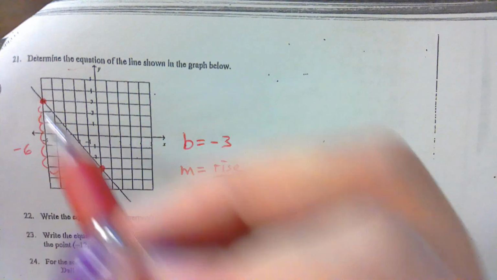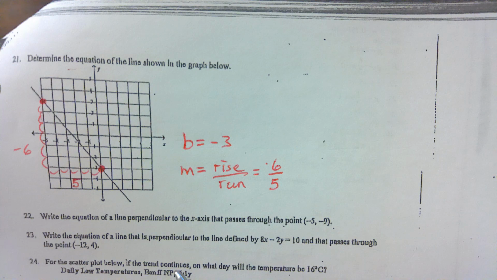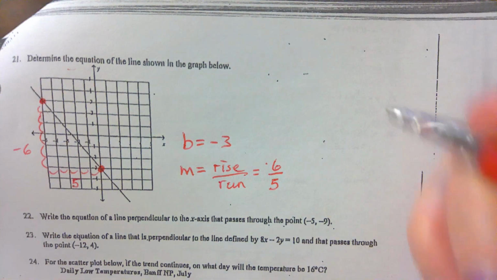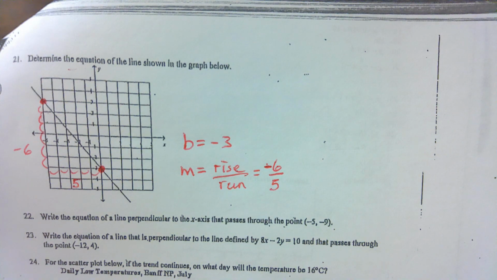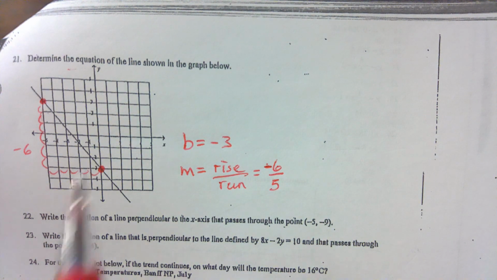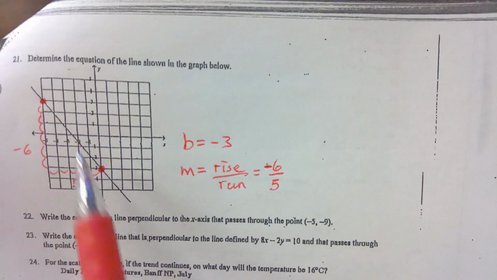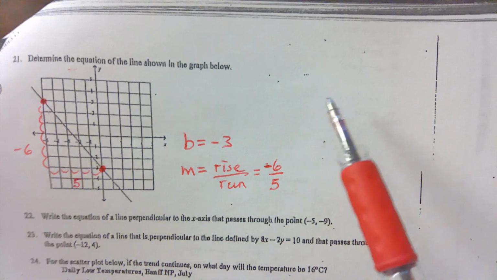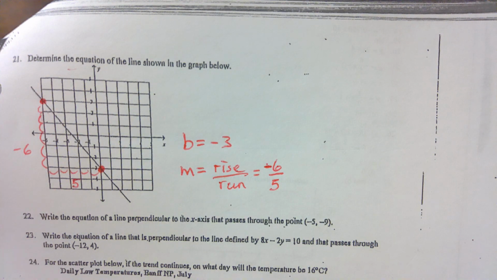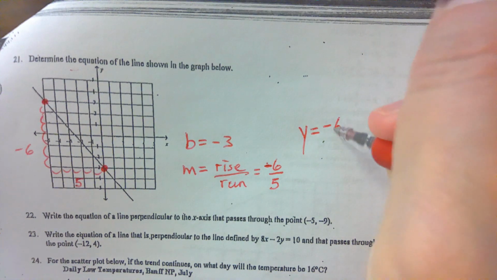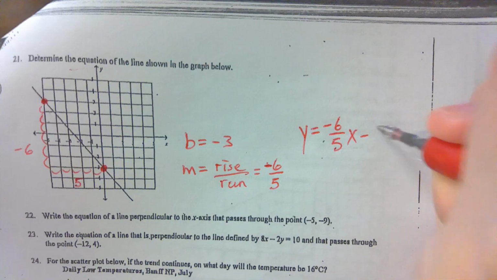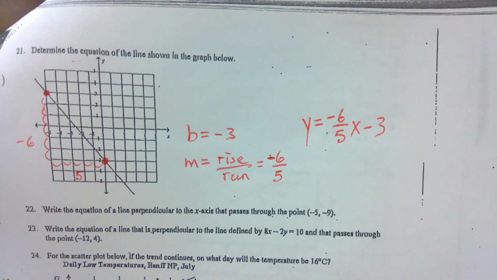What direction is my line going? Yeah, so negative. That's a common mistake people make on the test. The direction of the line goes this way, and then you tell me a positive slope. Careless mistakes I always see. So when you write your equation, negative 6 over 5x minus 3.